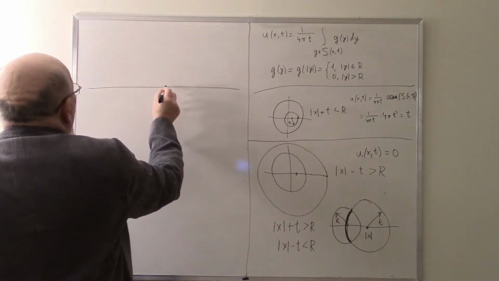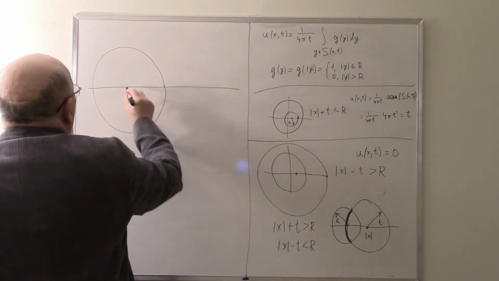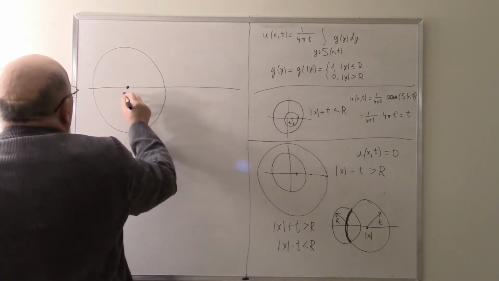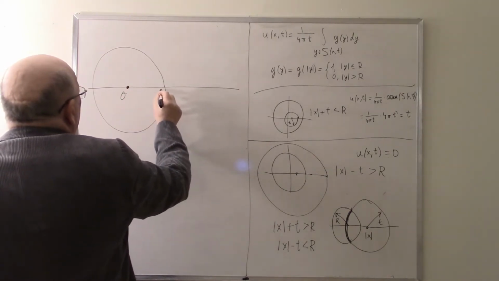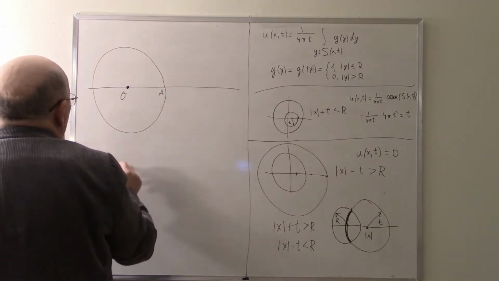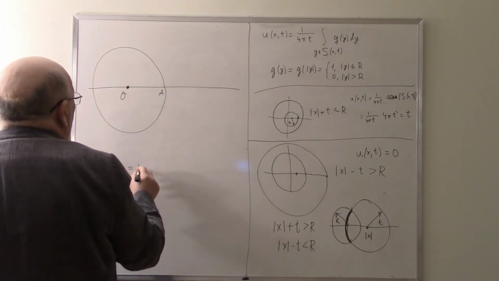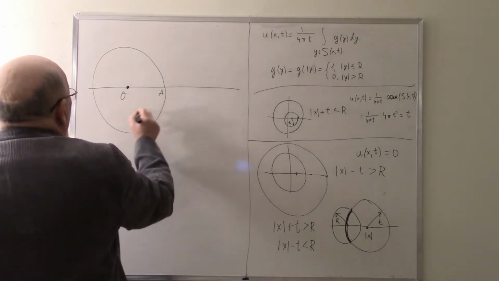So we have a sphere, it is the point O, it is point A, OA equals r. It is a sphere of radius r.